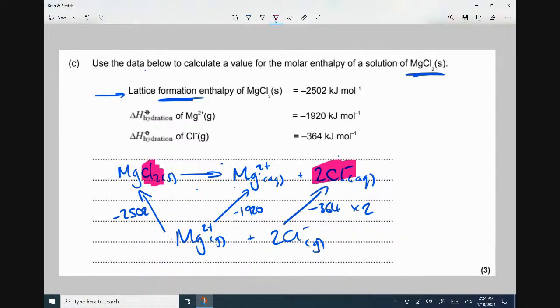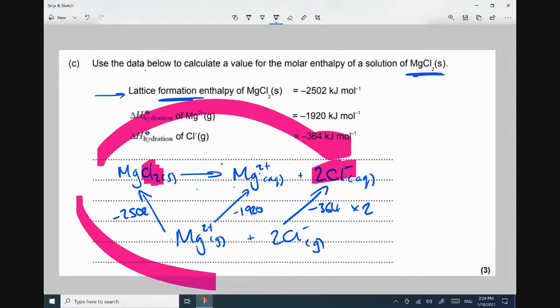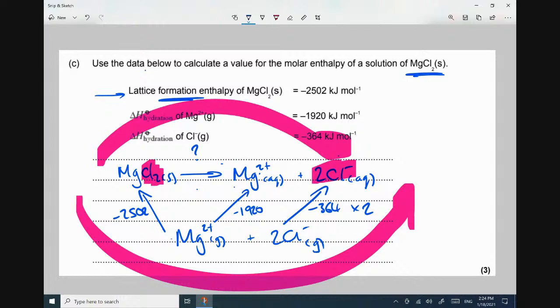Right, most important arrows in a Hess cycle: this way equals that way. So I'm now going to go, question mark equals, so this arrow here is going against me, so minus brackets, minus 2502. I'm walking around the cycle this way, so this one is against me.